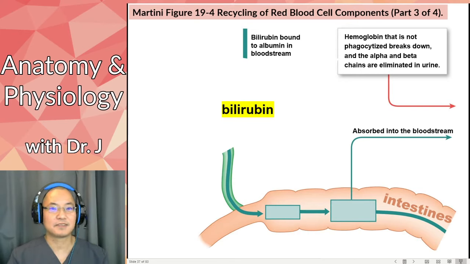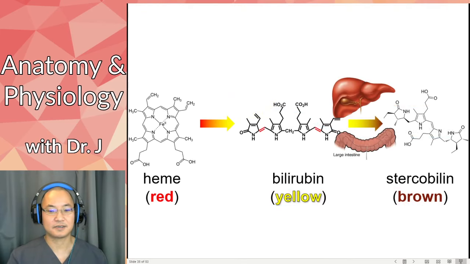So what happens to bilirubin? Well, your liver has a blood supply leading to it, but it also has a blood supply leading away from the liver. So this bilirubin, because it no longer can end up in your bile, ends up recirculating and being reabsorbed back into the bloodstream. Again, remember heme becomes bilirubin, which becomes stercobilin.